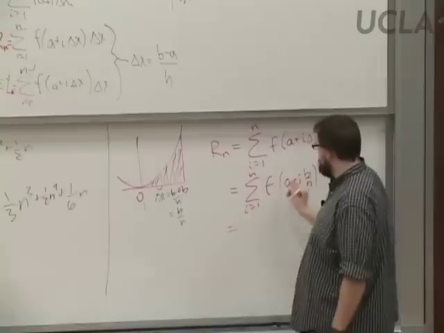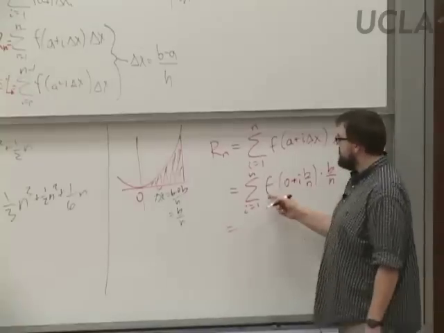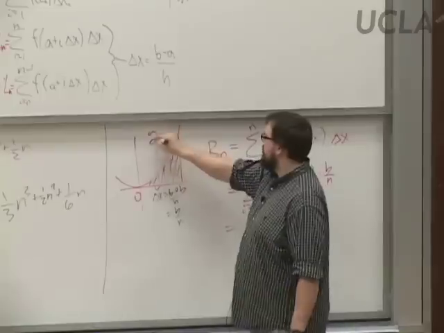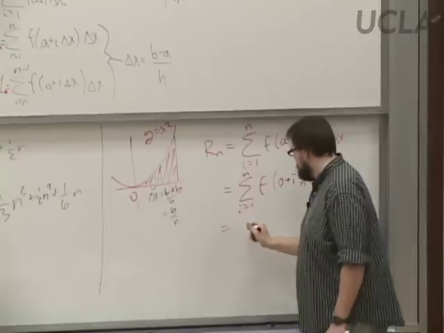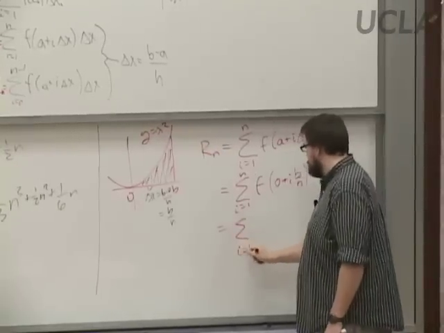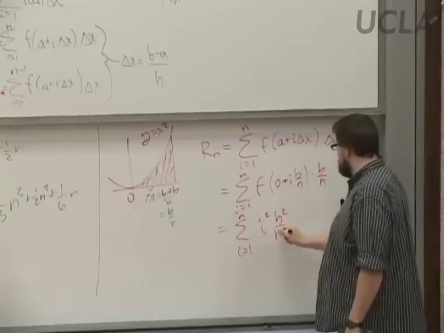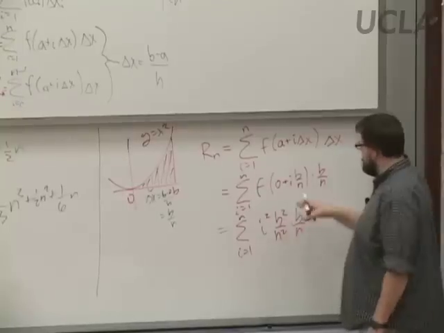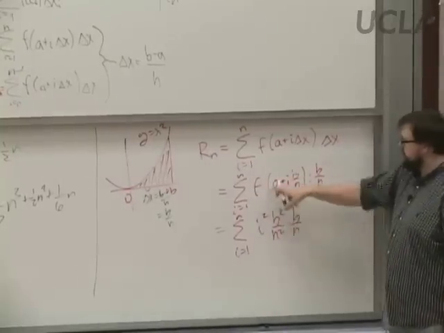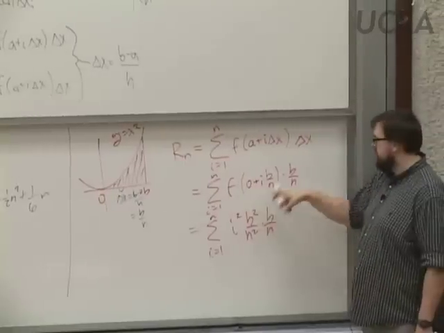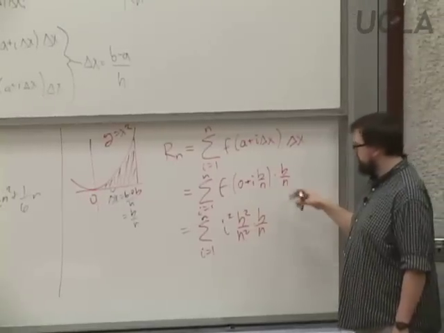Now, of course, the 0 doesn't mean anything. The function here is y equals x squared. So this is the sum i equals 1 to n of i squared b squared over n squared times b over n. So i squared b squared over n squared just came from squaring what's inside. And the b over n is from that delta x term.